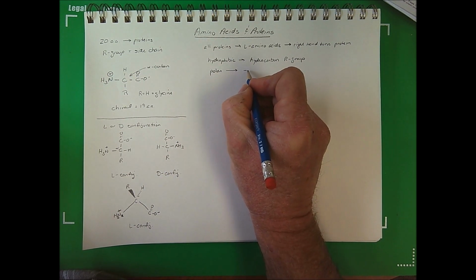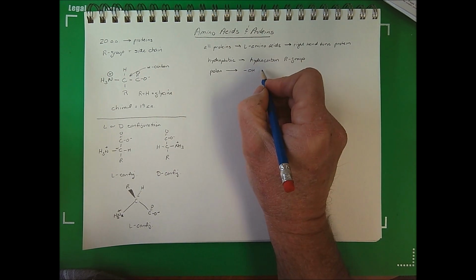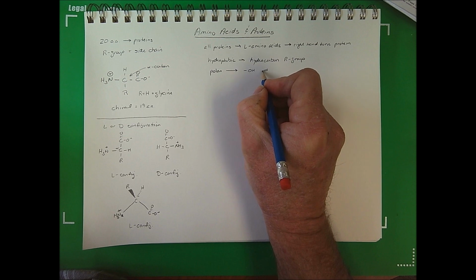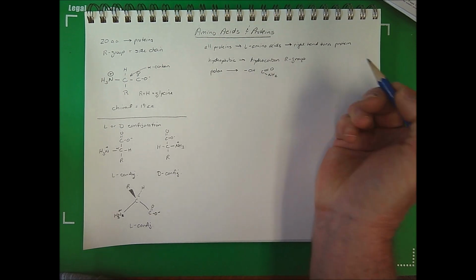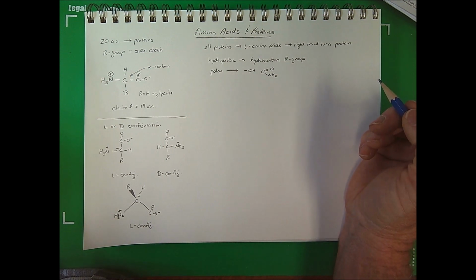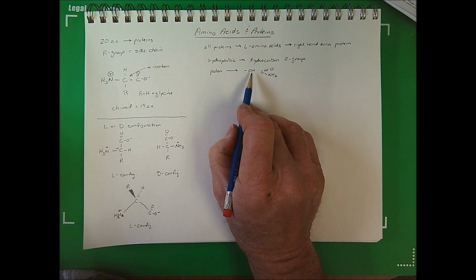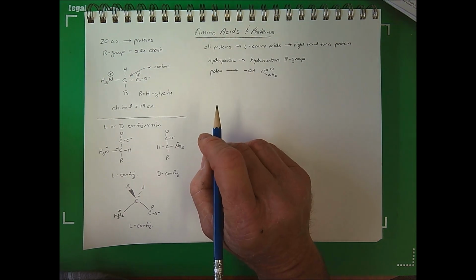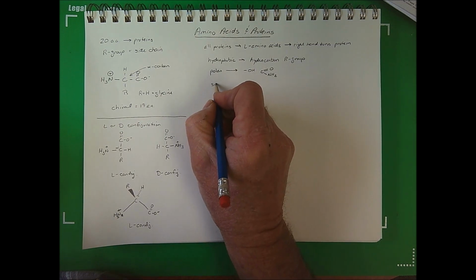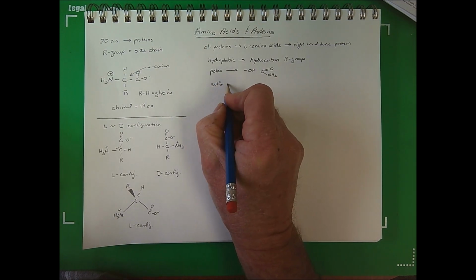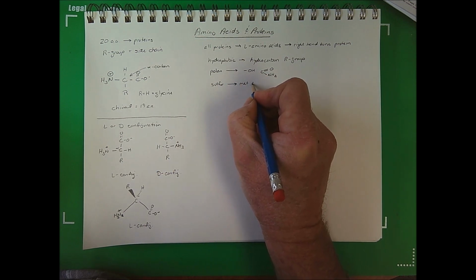These tend to have hydroxyl groups or amides. Notice that this can form a partial charge, giving its polar characteristic. We also have sulfur containing amino acids. These are the two, methionine and cysteine.